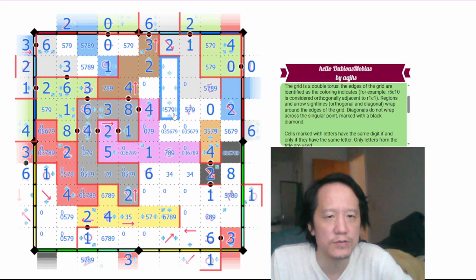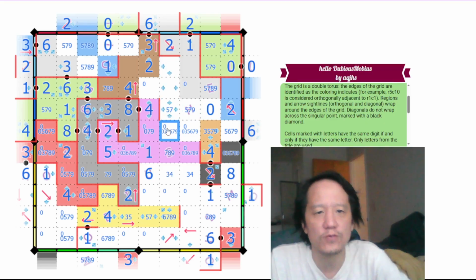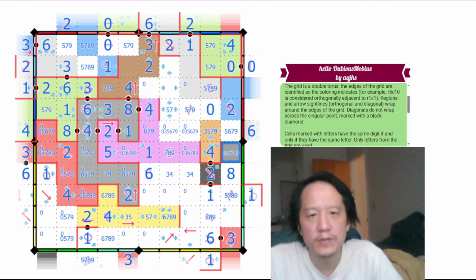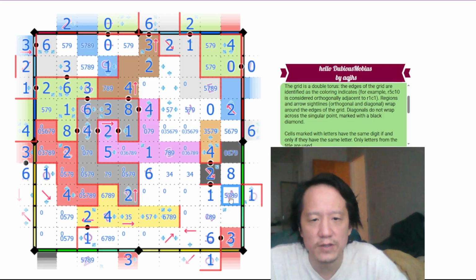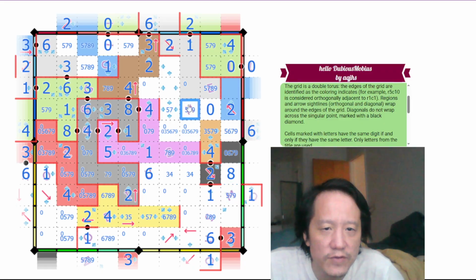But it would see 1, 2, 3, 4, 5, 6, 7 at most. So this has to be 5 or 7 here. This can't be 3 or 8 because of the 3 or 8 in the column. This can't be 8. This is 5, 7, 9.